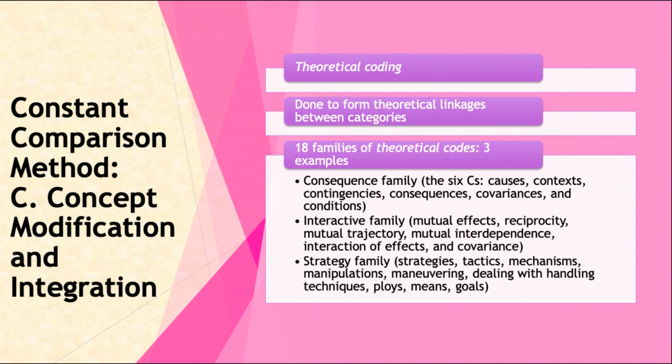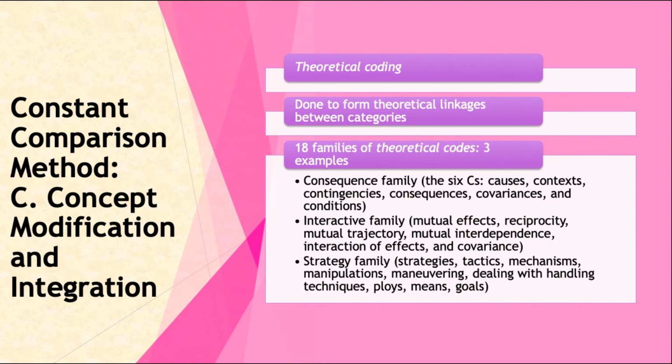The consequence family, for example, the 6 C's: cause, context, contingencies, consequences, covariances, and condition. He also gave the interactive family, like mutual effect, reciprocity, mutual trajectory, mutual interdependence, interactions of the effect, and covariance.